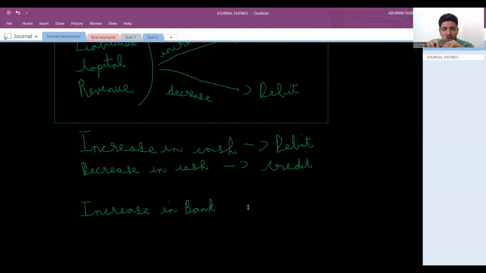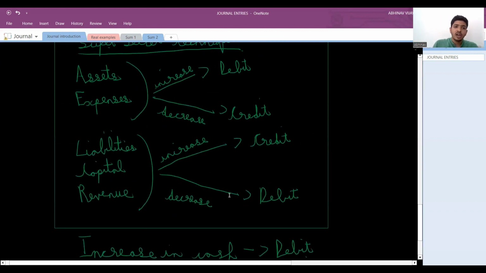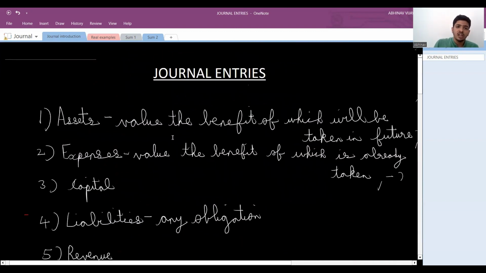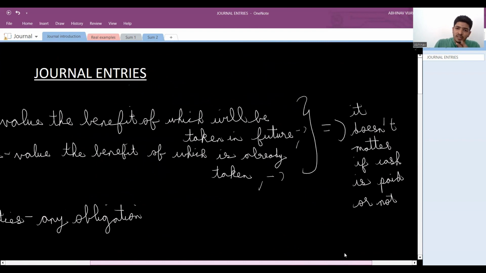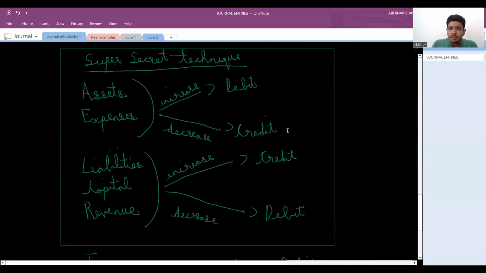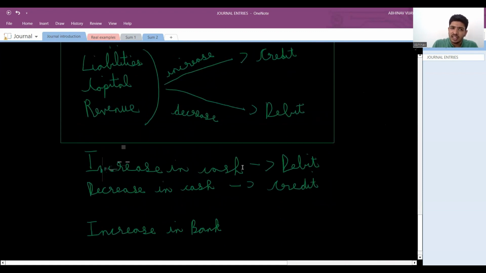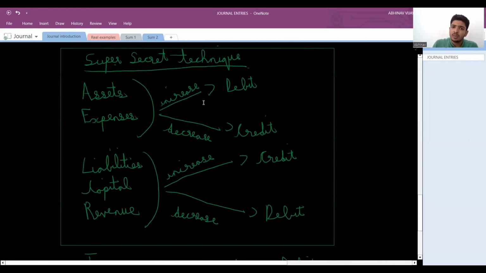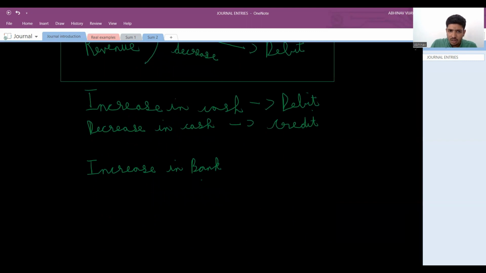So as per the definition given here, value the benefit of which will be taken in the future, it doesn't matter if cash is given or not. It is an asset. So an increase in bank balance is an increase in asset. An increase in asset will be debited. Now a decrease in asset, a decrease in bank.